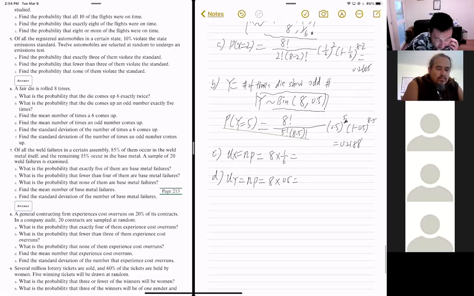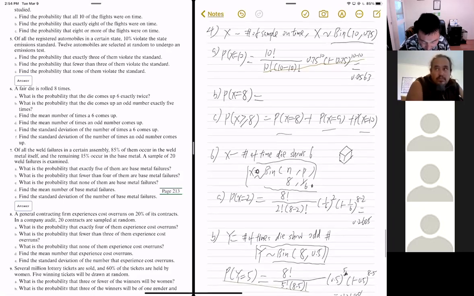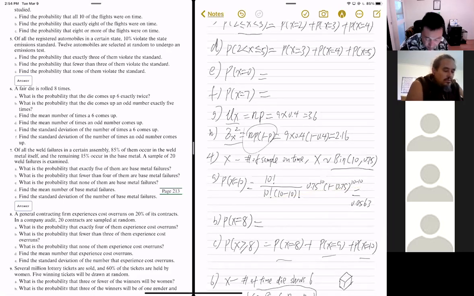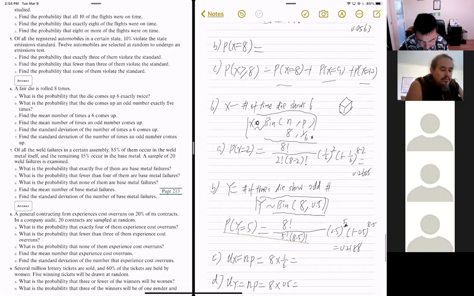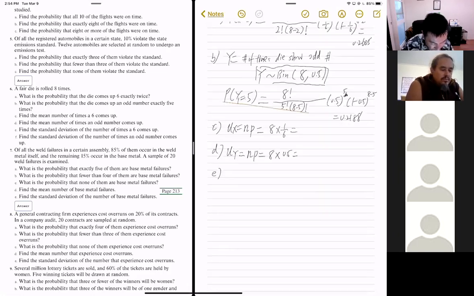And E and F are asking for the standard deviation. Standard deviation is based on the variance. So it is the square root of NP times 1 minus P. So the standard deviation of the number of times 6 comes up is sigma x, the square root of NP(1 minus P), with N as 8 and P as 1/6.